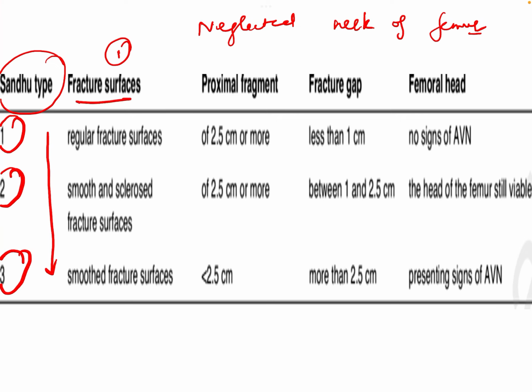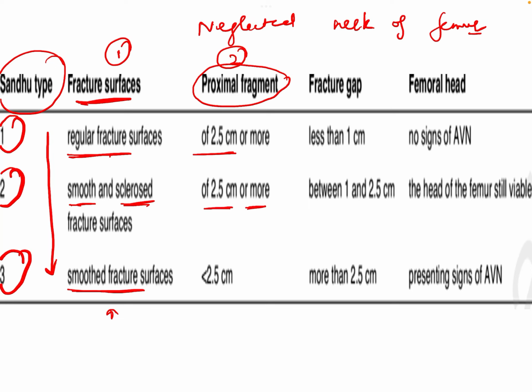First is the type of the surface of the fracture ends: whether the fracture ends are regular, smooth and sclerosed, or totally smoothened. The second important point is the size of the proximal fragment, which is the head fragment: whether it is more than 2.5 centimeter, or less than 2.5 centimeter.